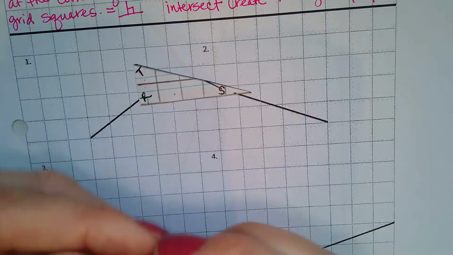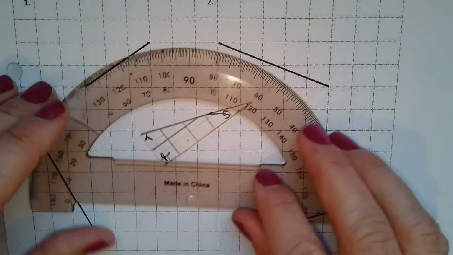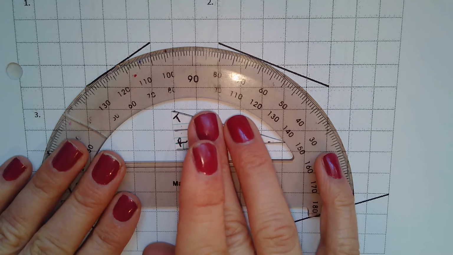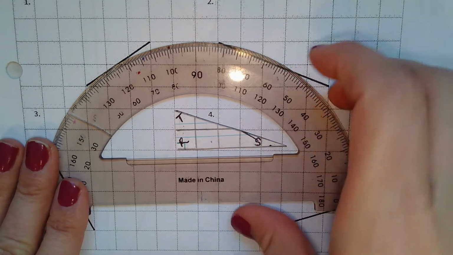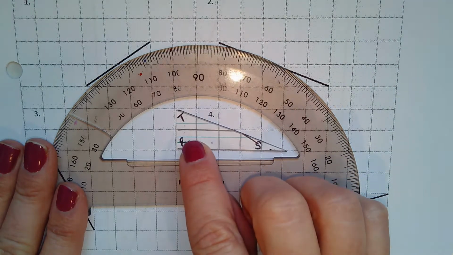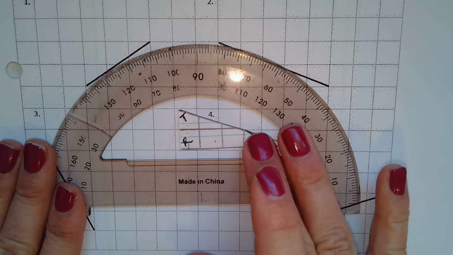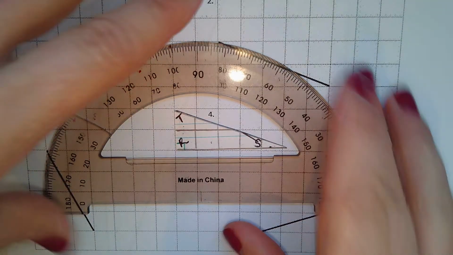So this is what I want to show you next. Using my protractor. Now, if you remember, a triangle, all the angles inside the triangle. So we know that R is equal to 90 degrees. It is a right triangle. So I wonder what the angles for T and S have to be.